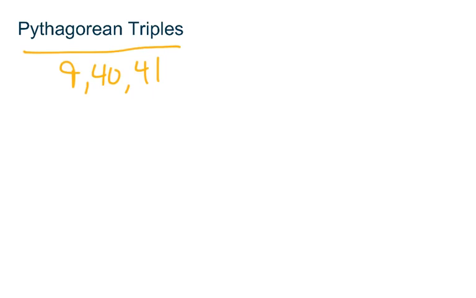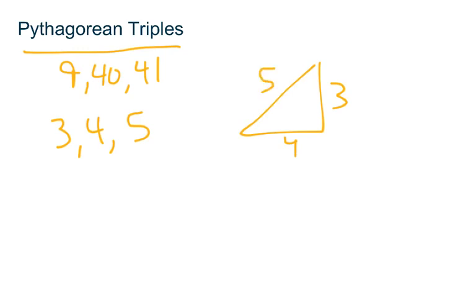And some of the other common ones that you might want to commit to your memory, especially this one right here, 3, 4, 5. And so if you have a triangle with those side lengths, it is a right triangle. It works with the Pythagorean theorem. Another one is 5, 12, 13.